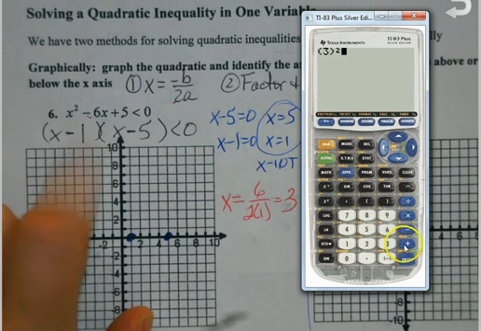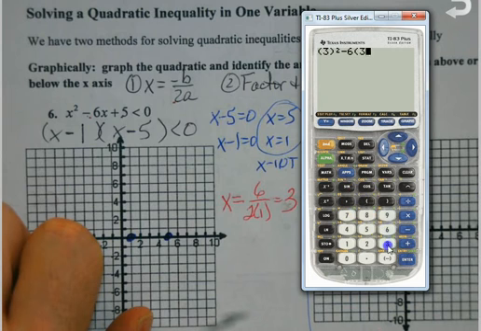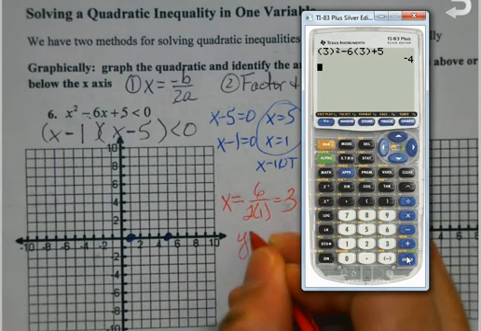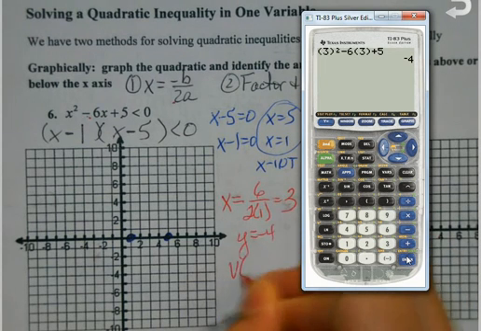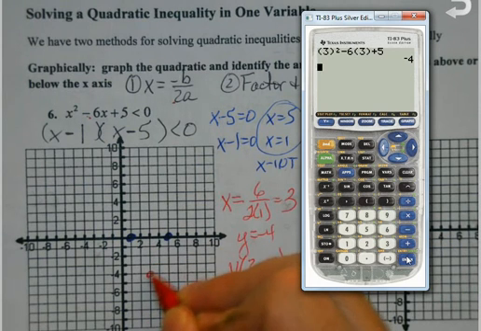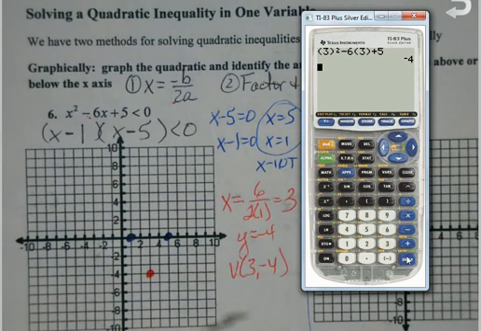So 3 squared minus 6 times 3 plus 5. So my y value would be -4. Gives me my vertex. 3, -4. Okay, those are the only 3 points I'm getting. I'm not going to be able to get any more.